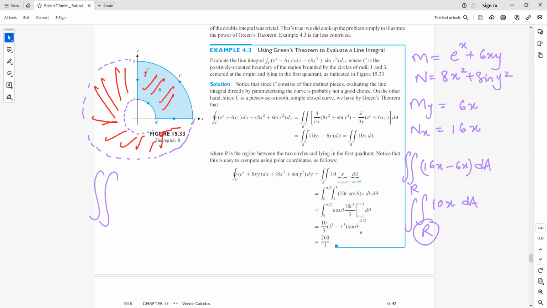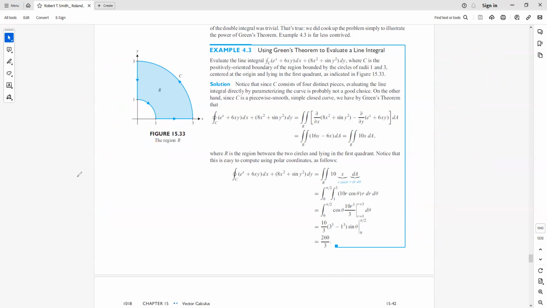But we are only interested in this blue region, because it is said that it is centered at the origin and lying in the first quadrant. So we are only interested in this part. So we can take this 10 outside. We have x dA.